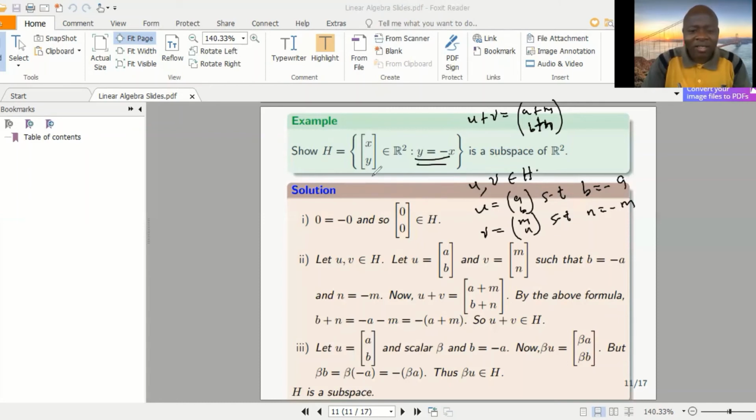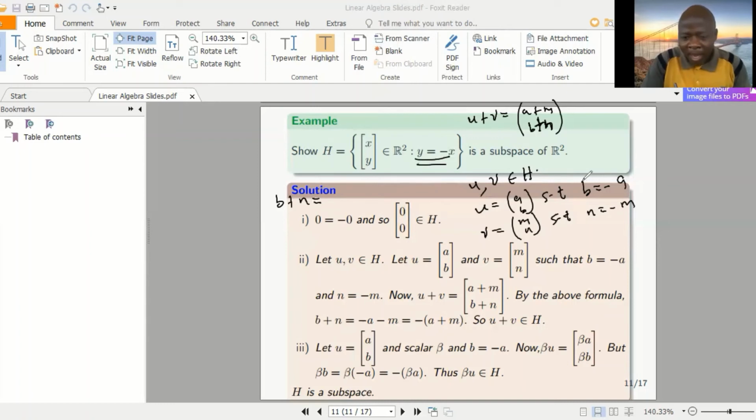Let me just show that. Let me take the second element here. The second element is b plus n. And I want to show that this would be equal to negative times the first element. If that is shown, I'll have shown that this sum is in H. Now, what is b plus n?